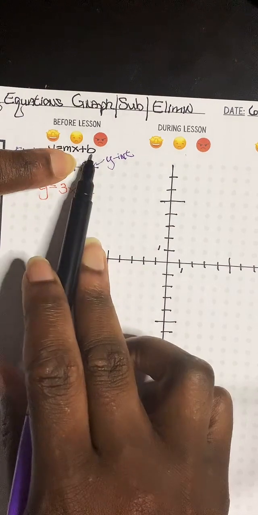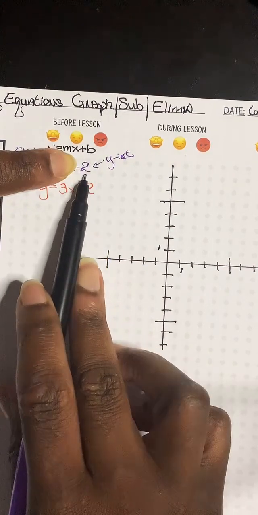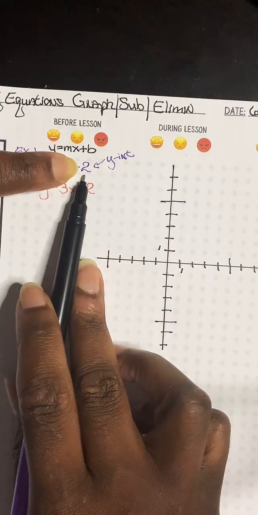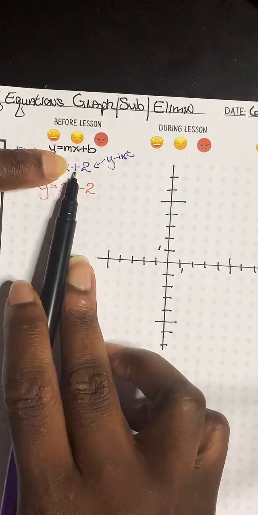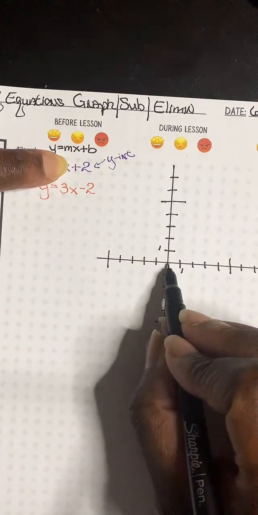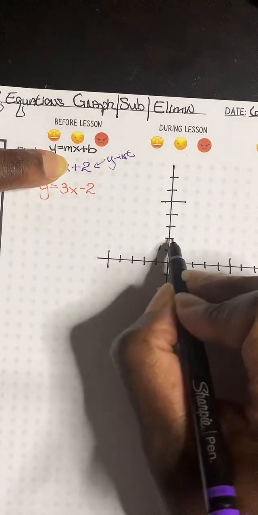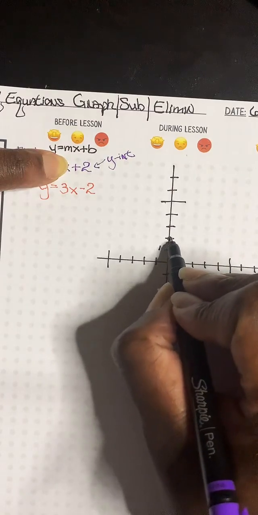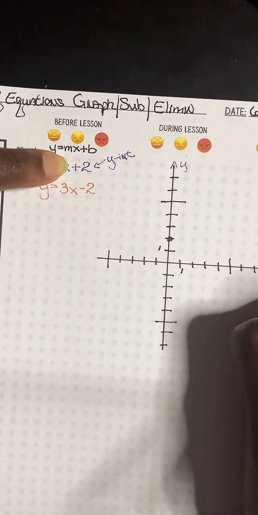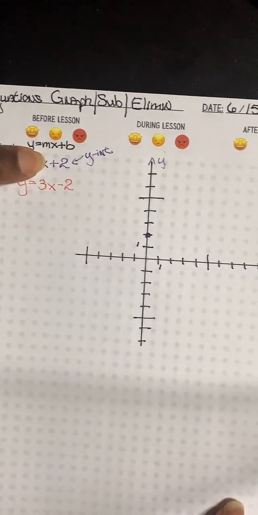You always look at your b value, the constant, the number without the x and the y. Since it's a positive 2, your first point, if I start at the origin, is I'm just going to go up 2 on the y-axis. Remember, y's go up and down, x's go left to right.